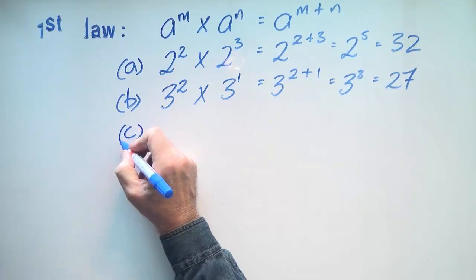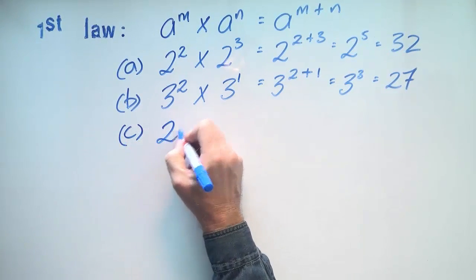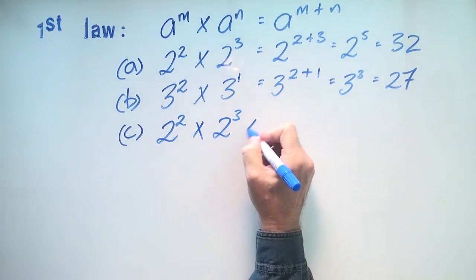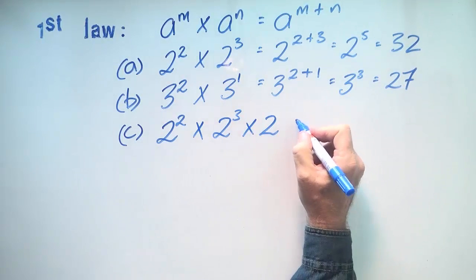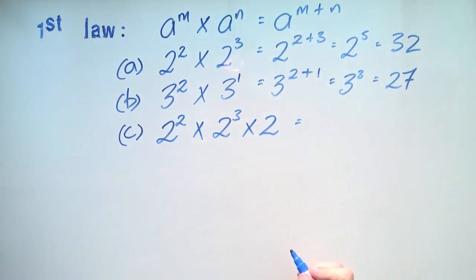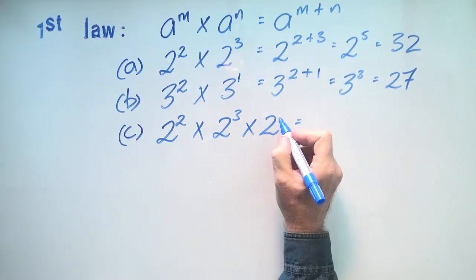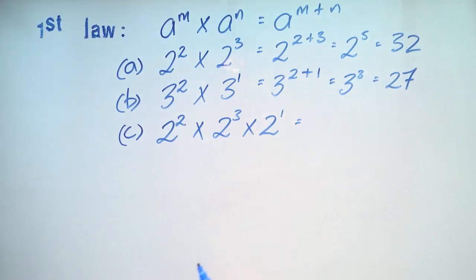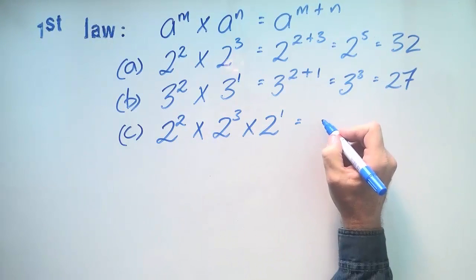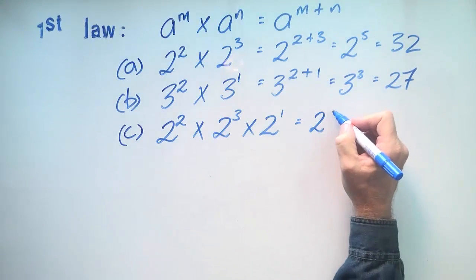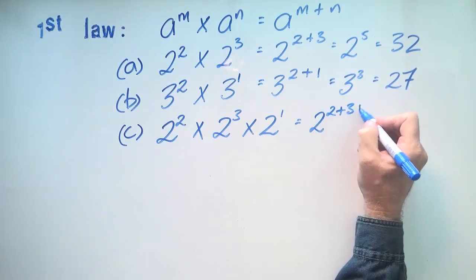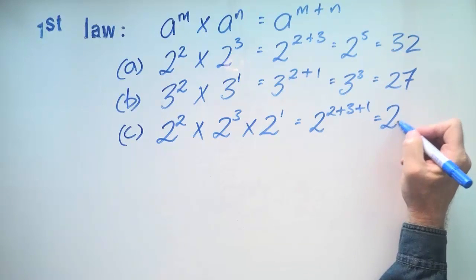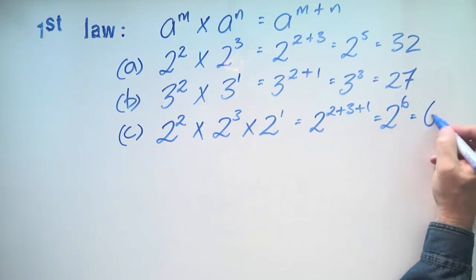For a third example, I'll say 2 squared times 2 cubed times 2. Again, there's a 1 there. Now in this case, we can just add all the indices. 2 to the 2 plus 3 plus 1 equals 2 to the 6th power equals 64.